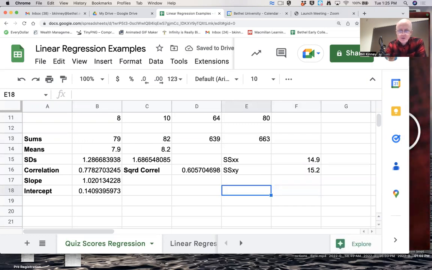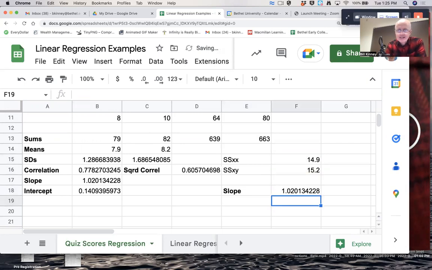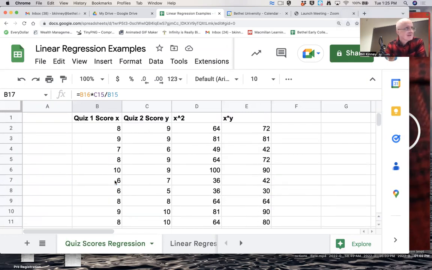And the ratio of those two should be the slope. If I do SSXY divided by SSXX, I get the same answer, 1.02. To believe the formulas, right? There's following the formulas theoretically, and then there's believing them by actually trying examples.